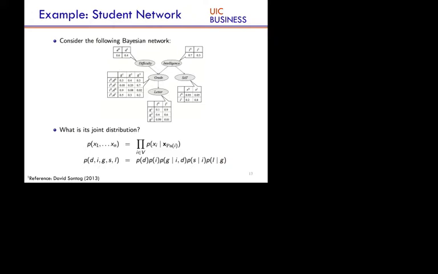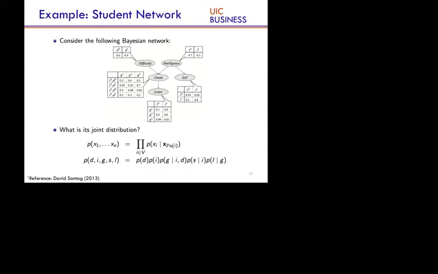Each factor is explicitly written in this last equation. I guess they're using D to represent the node difficulty. Since difficulty doesn't depend on anything, it's the probability of D, because it's conditioned on the parents of D, and the parents of D is an empty set, which you can write as conditioning on phi. Same thing with the probability of intelligence.